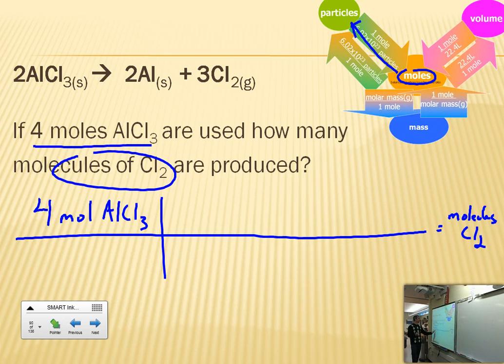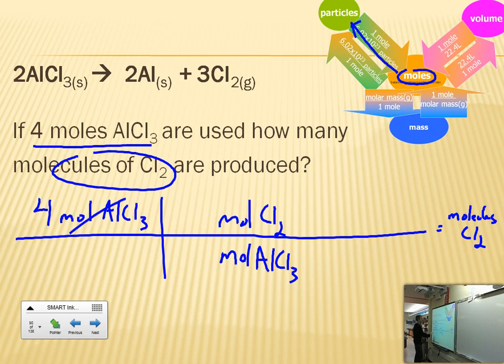How do I get moles chlorine from moles aluminum chloride? Well, that's the mole ratio. Remember, the mole ratio allows me to convert one substance into another substance, and I get that from the balanced equation. So set up your mole ratio. We want to get rid of moles aluminum chloride. We want moles of chlorine.